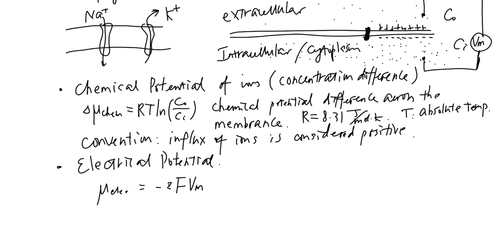And in the electrical potential, Vm is the membrane potential, and Z is the valence, or electrical charge, of the ion.